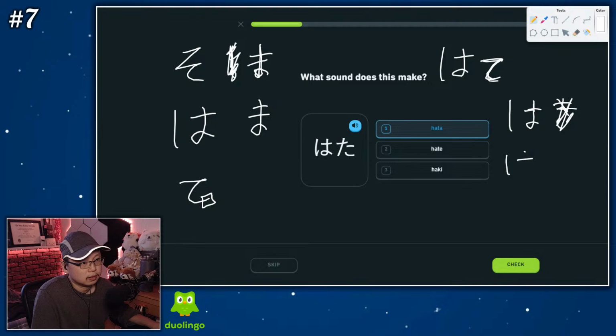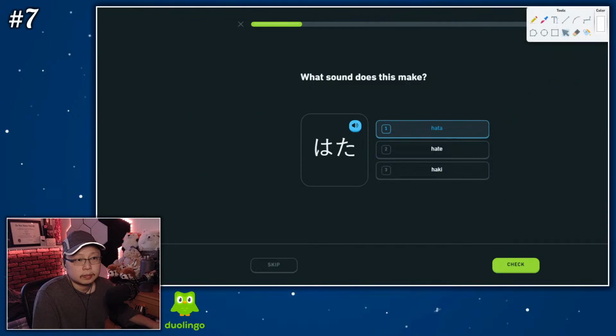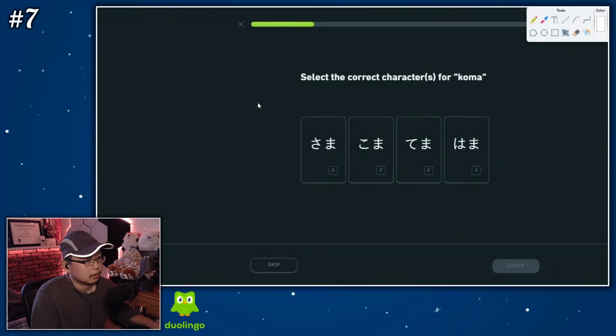Let's try that again. Aki. Right. Koma. Try koma. Full. Ma.